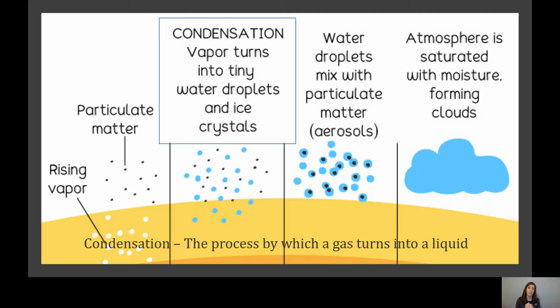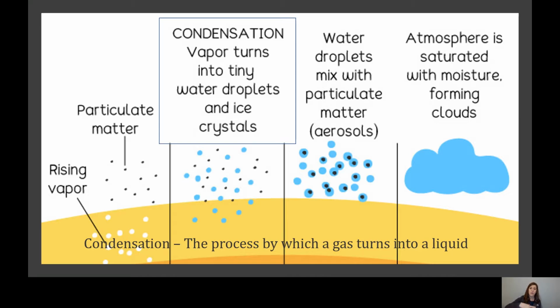Remember how I said evaporation is liquid turning into a gas? Liquid molecules are kind of close together, and they gain energy and spread all around. Well, when the opposite happens, the gas particles lose energy, they come back together, and they condense back into a liquid. So condensation is the process by which a gas turns back into a liquid. And this is what happens when clouds form.